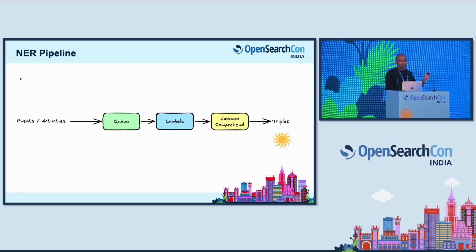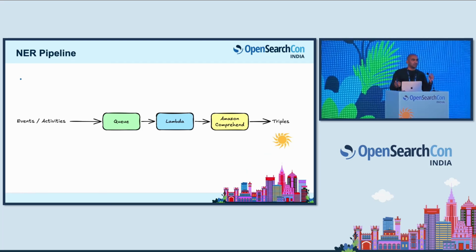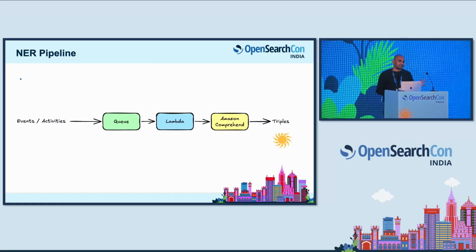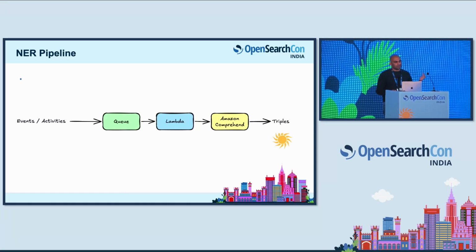Coming to the NER pipeline, this is what it could look like. And here I'm just sharing an example. Let's say you're using a travel application, you're booking something, you're traveling somewhere, you booked a flight, you liked a particular review someone left. So all these are particular events which are happening. And these events you could be catching in some logging interface. It could be CloudWatch, or it could be a queue.